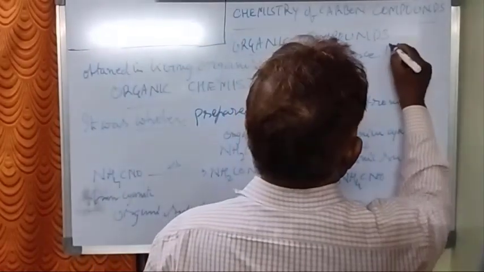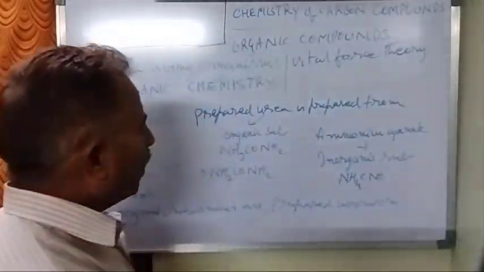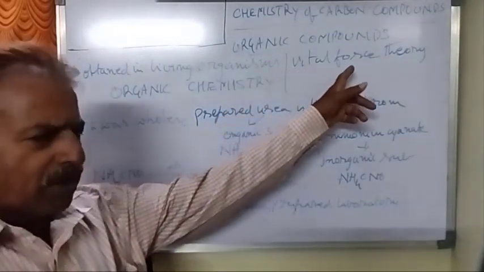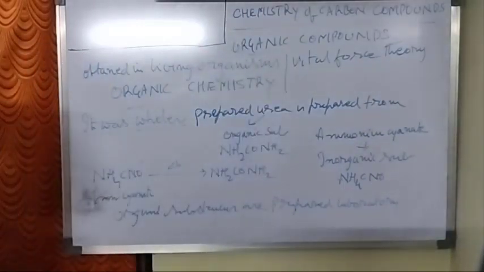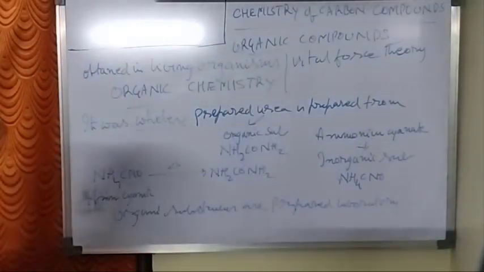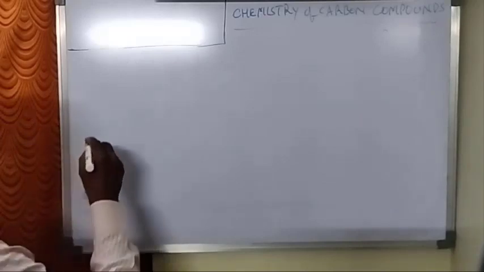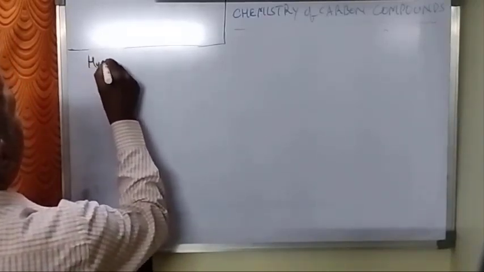Therefore, this is known as vital force theory. Once Euler prepared urea from ammonium cyanide, this vital force theory was discarded. So since then, this branch is referred as chemistry of carbon compounds. The main class of organic compounds are hydrocarbons.